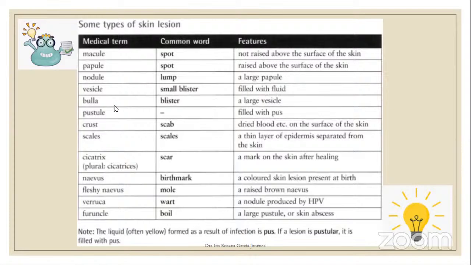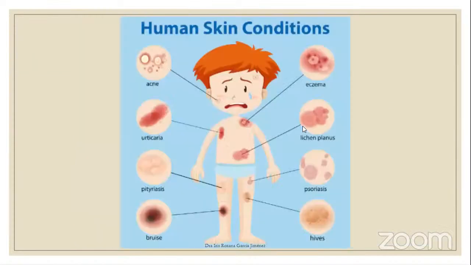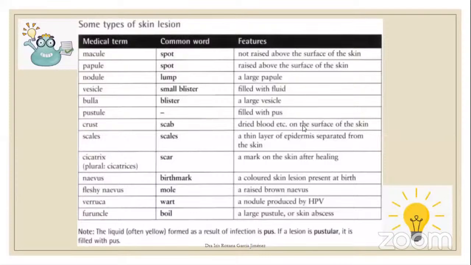Moreover, we can get, for example, a crust. Patient can say scab. And the meaning: dried blood, etc., on the surface of the skin. Then we got, for example, the fleshy nevus, the mole. In some books, mole is related to the medical term. Why?